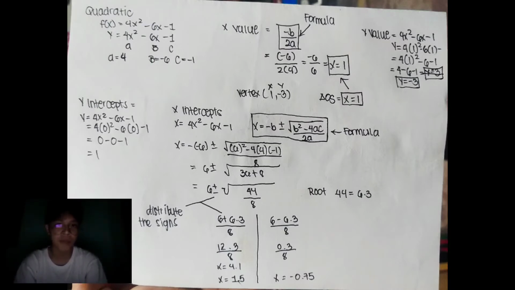Subsequent to that is to find the X value. To get the X value, use the formula X equals minus B over 2A, then apply the values of A and B, so it will be X equals minus parenthesis negative 6 over 2 parenthesis 4, so it will be 6 over 8. And to get the Y value, copy the equation and put the X value in place of X and simplify: 4 parenthesis 1 squared minus 6 parenthesis 1 minus 1.